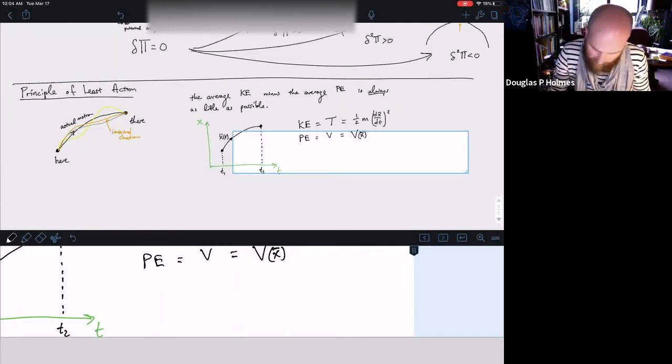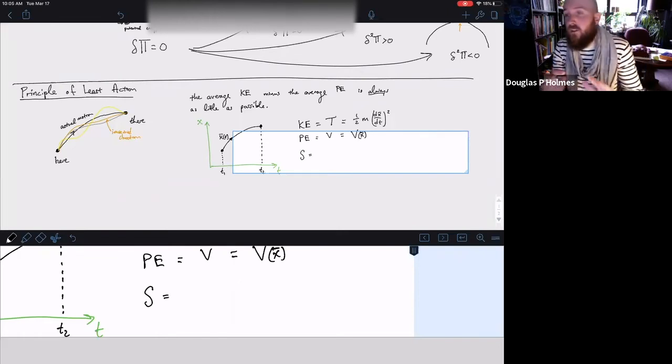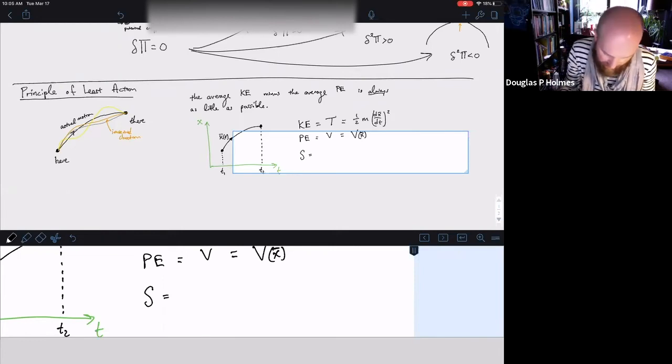So what's the action? The action is what I just said, but in math. So the action is denoted by capital S. And like I said, this is mainly for your intuition, so don't worry about any of the details here. We'll come back to a lot of this. But again, we're going to integrate from T1 to T2 the kinetic energy minus the potential energy. So it's T minus V dt.